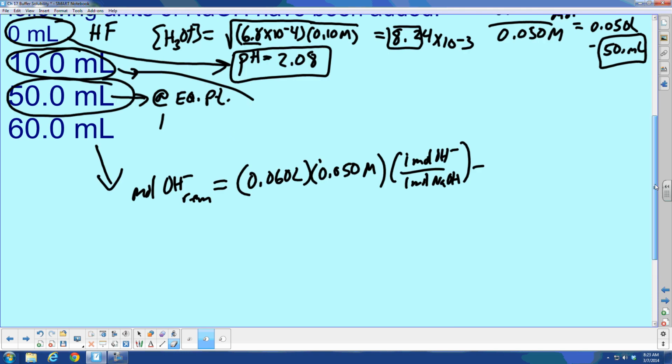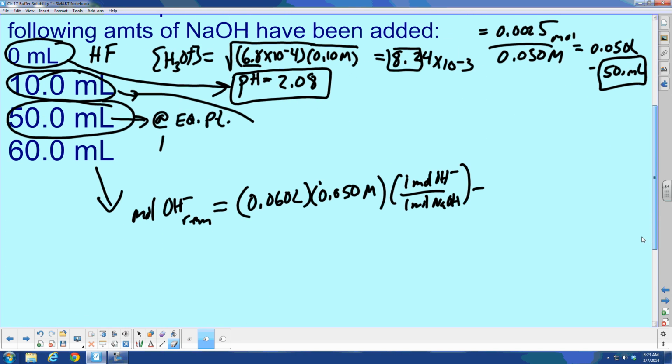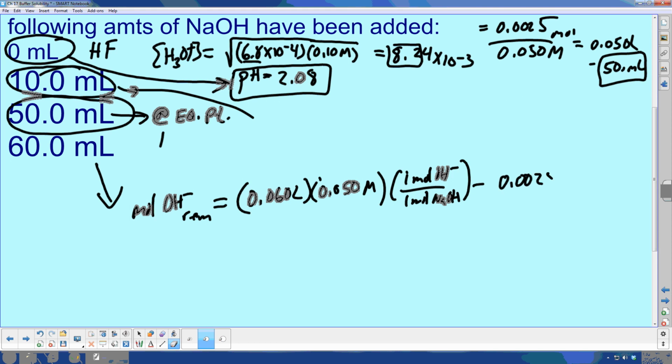Remember, all from up here, my HF original, 0.0025 moles. And what do we get? I'll take 0.06 times 0.05 gives me that, and I must subtract 0.0025.